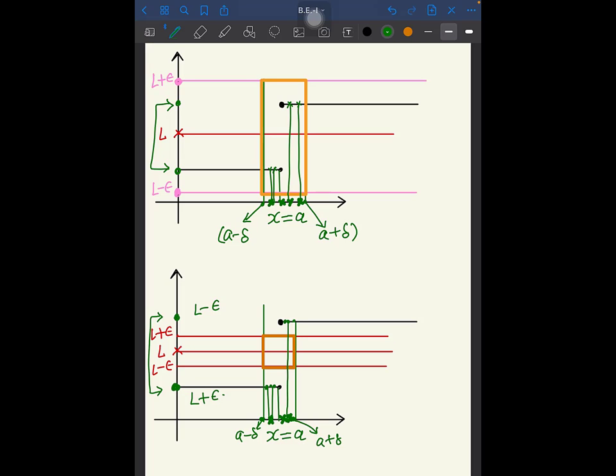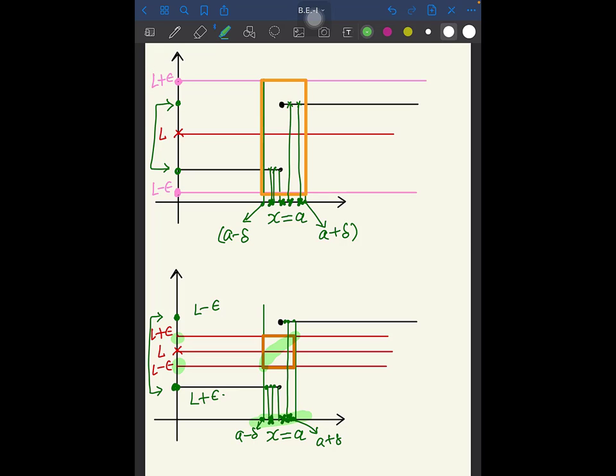So this is the idea which we want to discuss over here, that there are many values which are actually lying outside the box. There may be the case when a few values may not lie in the box and a few values may lie in the box, but we want every value of this interval to be exactly mapped in this L minus epsilon to L plus epsilon.